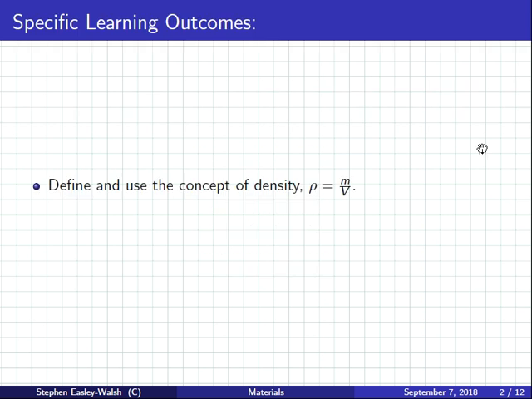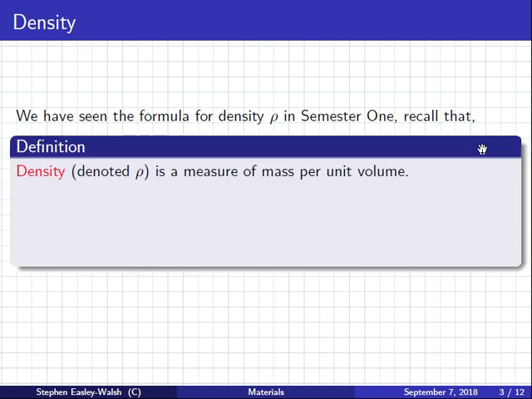So that's the formula we'll have a look at. We've seen this formula. Do you remember the formula, Gail? What is it for rho? Rho equals M over V. So you saw it in semester 1 earlier in the semester. It's M over V. And do you remember the units?